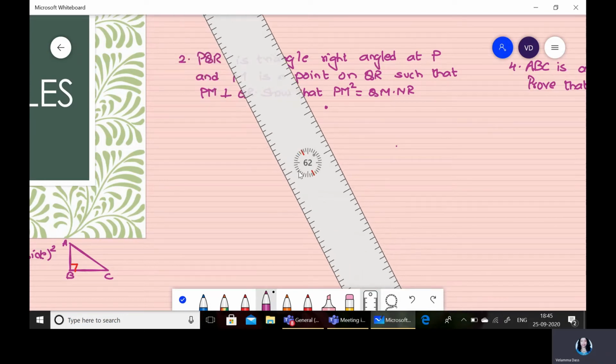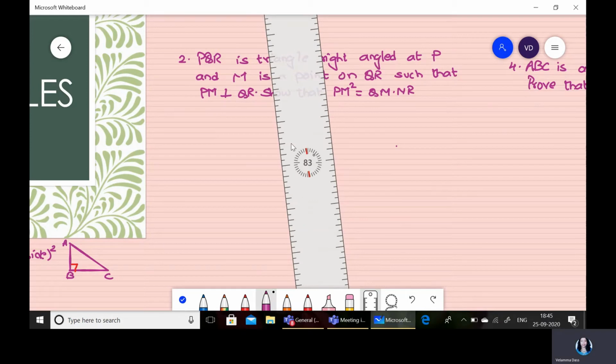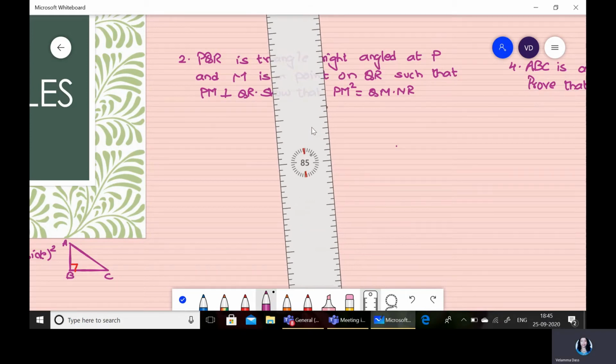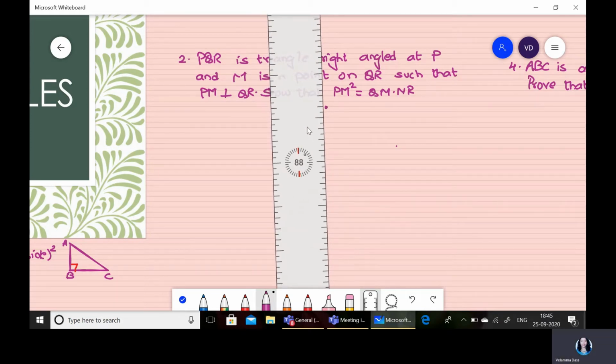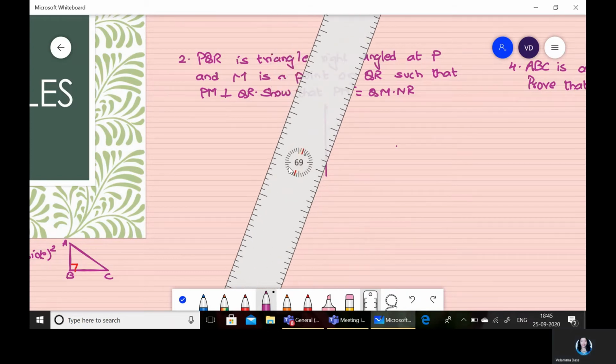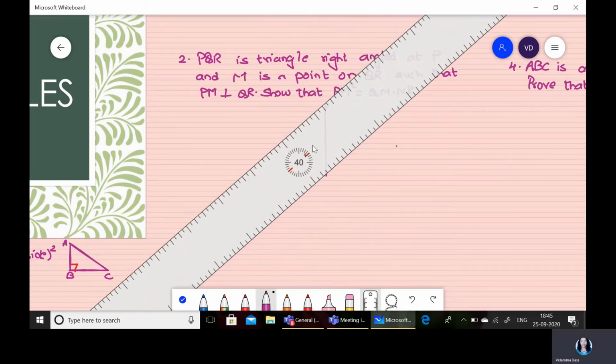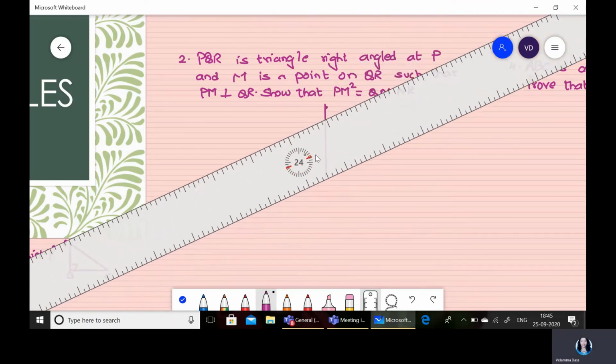So here we have, to just get the feel that we are doing the same, right? This we can't just imagine. So here we are taking a straight line.